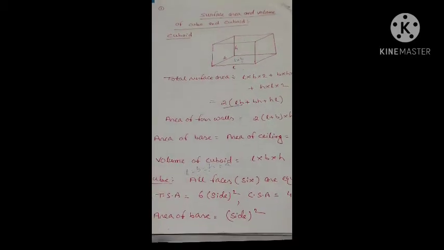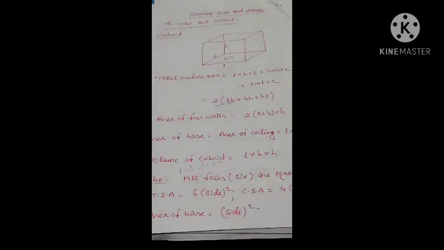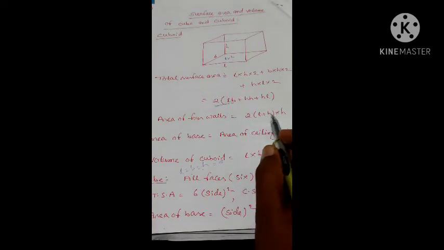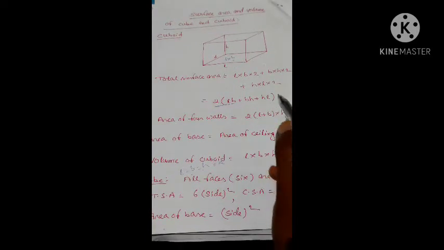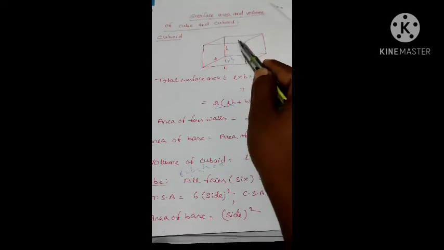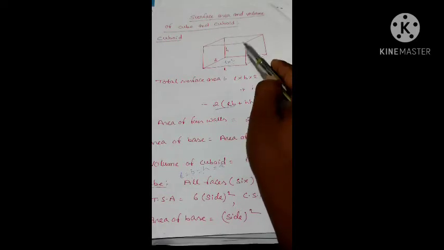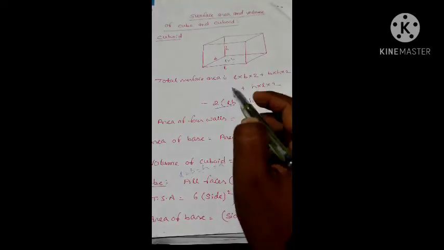Now, suppose we have to find the area of 4 walls of a cuboid, then what can we do? Then we can use this formula: 2 into (L plus B) into H. But why this? Because when we are finding the area of 4 walls, the ceiling and floor will not come. That means L into B, we have no need to write.